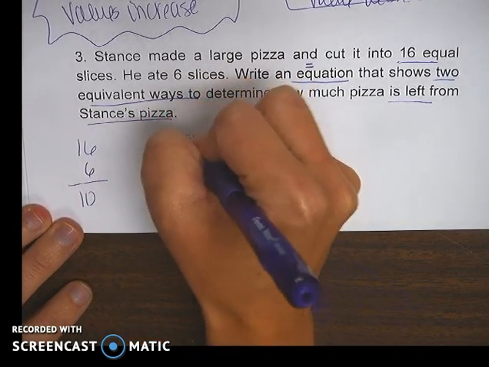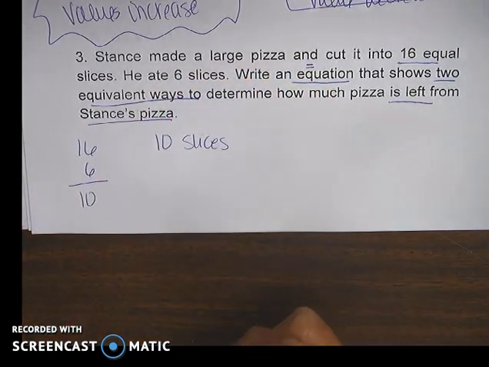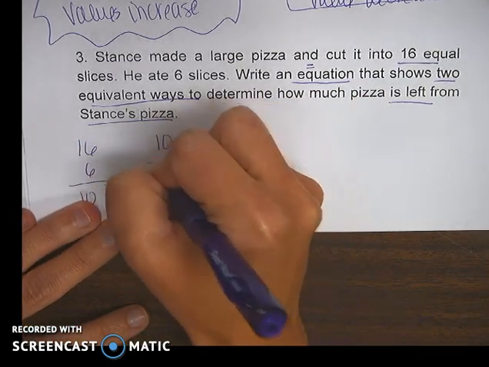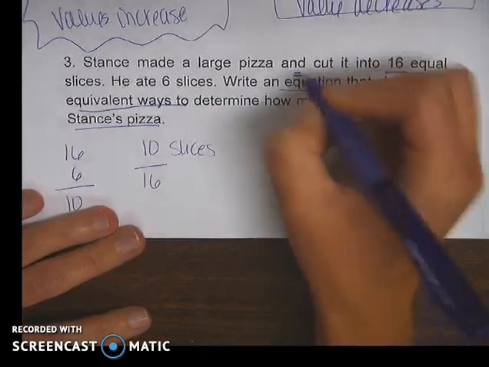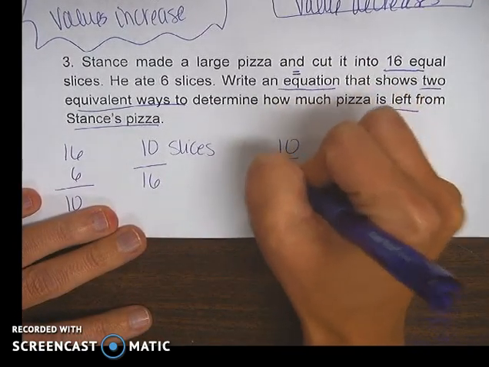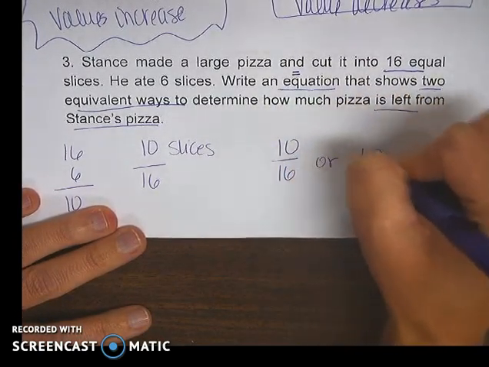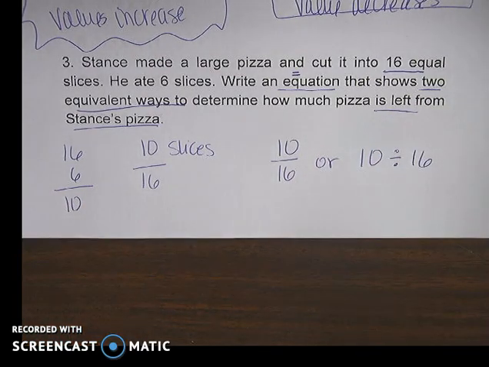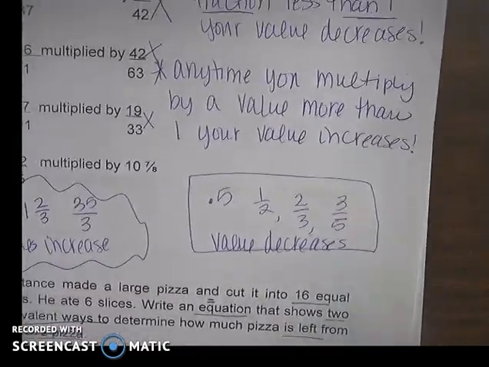So you have 10 slices left and you started out with how many slices? 16. So one way you could write it was 10 divided by 16 or 10 divided by 16. Okay? That's 2 equivalent ways to show how much pizza was left. That was pretty easy.